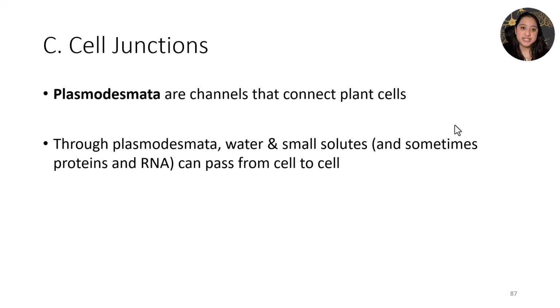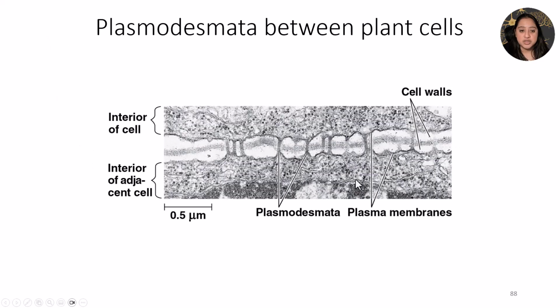In plant cells, they're called plasmodesmata, that are channels that connect plant cells. So here is a picture. There's two cells. On top, there's one cell. Below, there's another cell. And so there are these connections called plasmodesmata between the two.